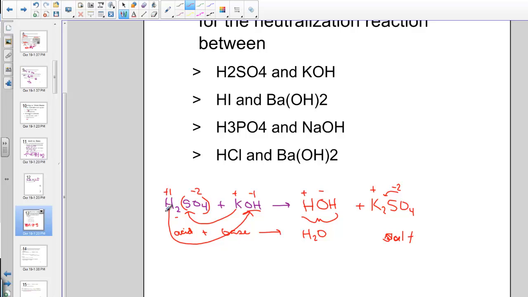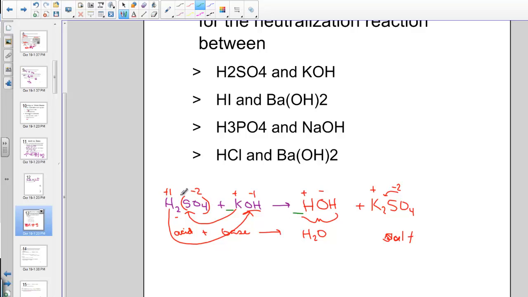So H2SO4 plus KOH yields water, either as HOH, but you recognize that as H2O, and the salt of potassium sulfate. We also need to balance, and when we balance, we have to have equal number of each ion on both sides.